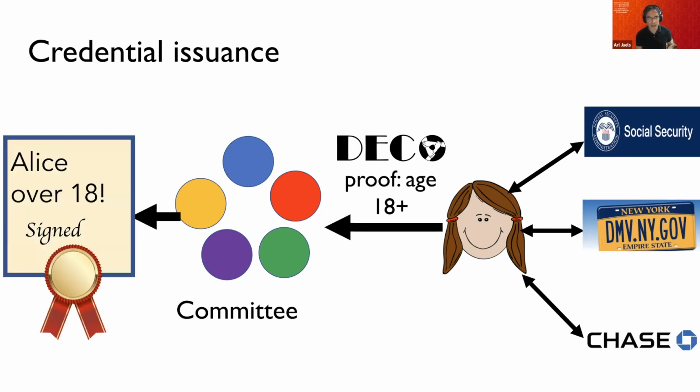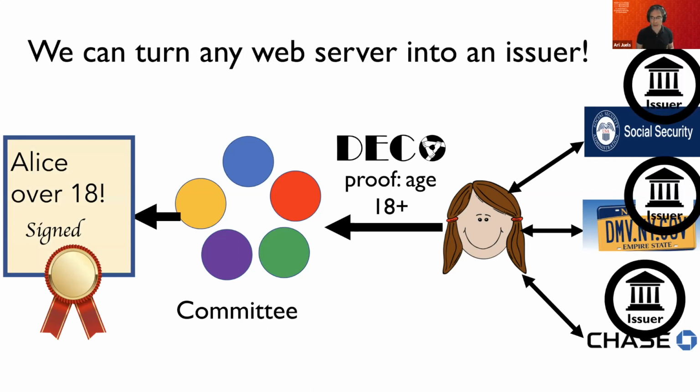And the committee, if these zero knowledge proofs check out, can jointly construct, jointly sign using threshold signature or individual signatures, a decentralized identity document on behalf of the user. The beauty of this approach is we can turn any web server or collection of web servers, as in this case, into an issuer without making any modifications to those servers.